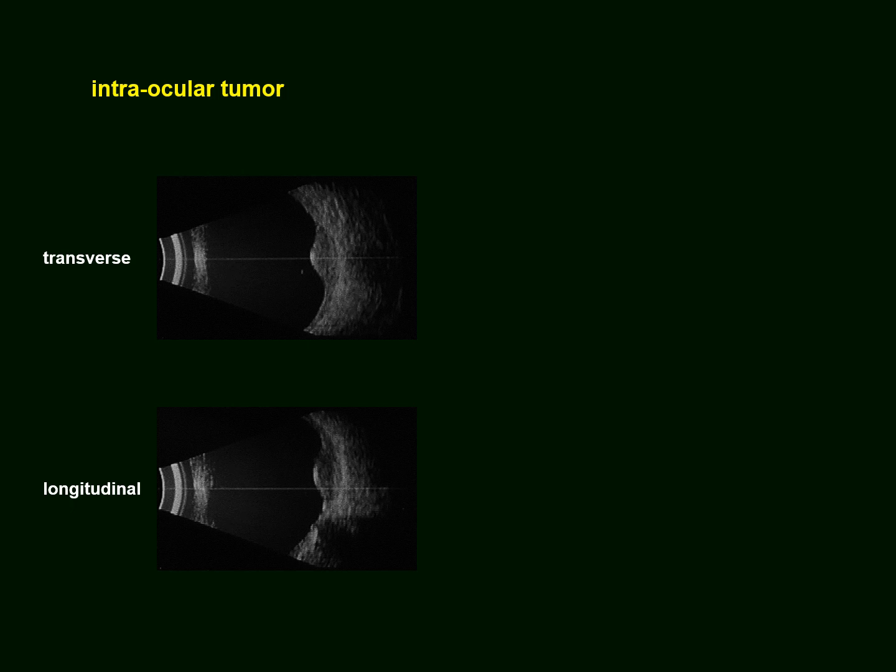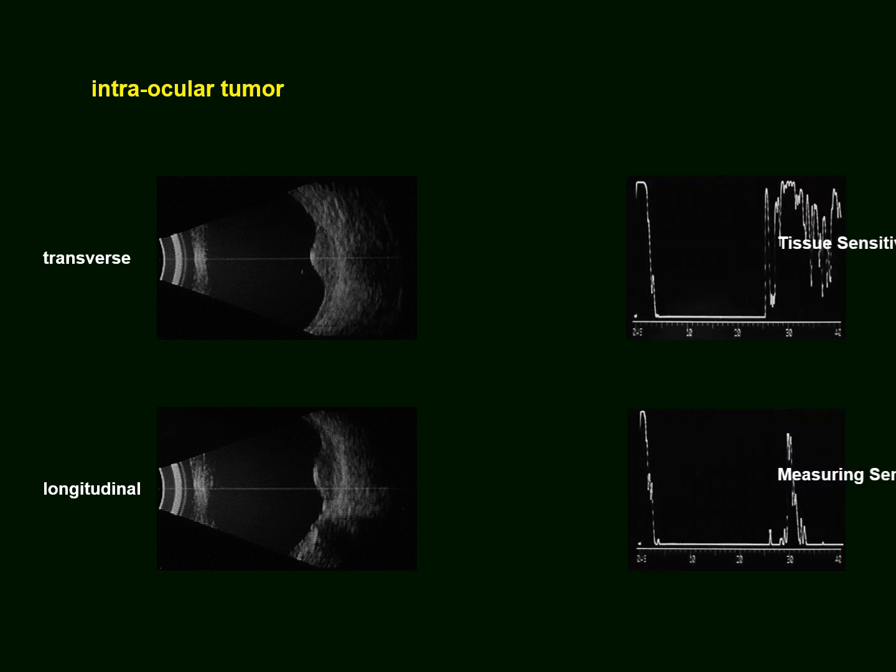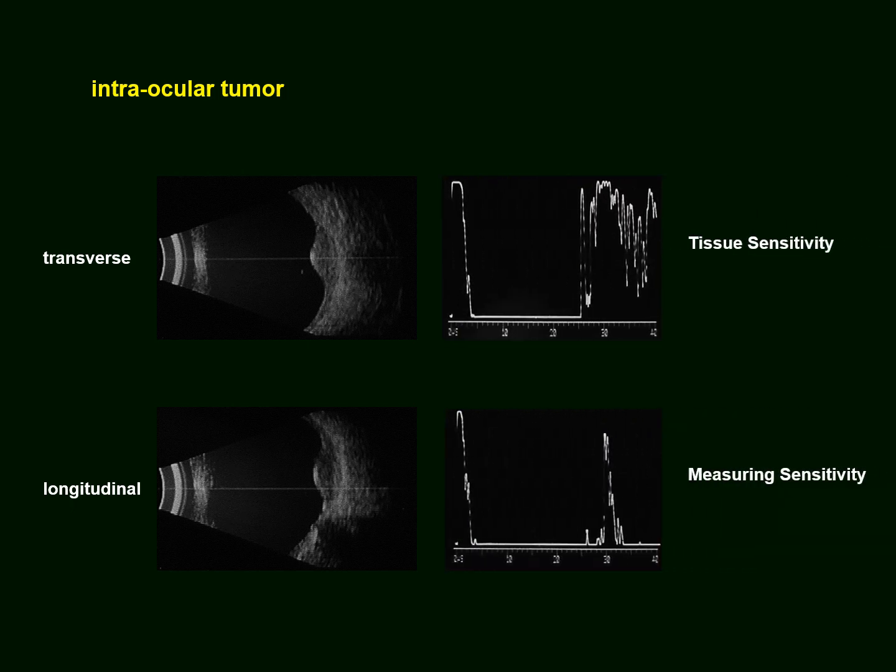And here a clinical example of an intraocular tumor, a transverse scan of the B-scan and a longitudinal scan, showing the topography very well and the shape, whereas the A-scan at tissue sensitivity gives the diagnosis of a choroidal malignant melanoma, which cannot be obtained with a B-scan unless the tumor has a mushroom shape, which is rarely the case.